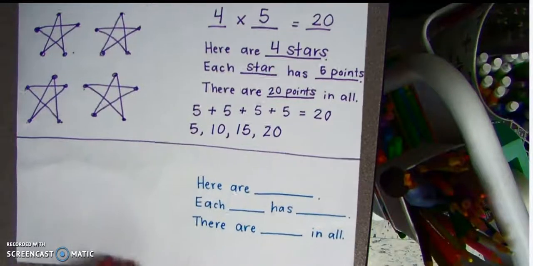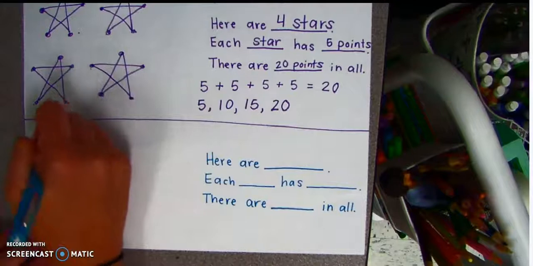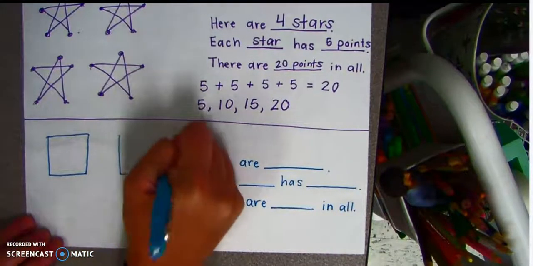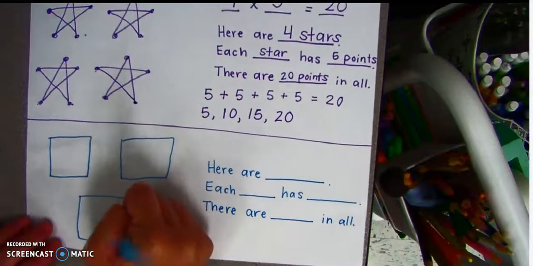Let's look at another example. When you go to the grocery store and you buy packs of butter, it comes in a box. I'm going to draw those boxes. All right, here are my boxes of butter.